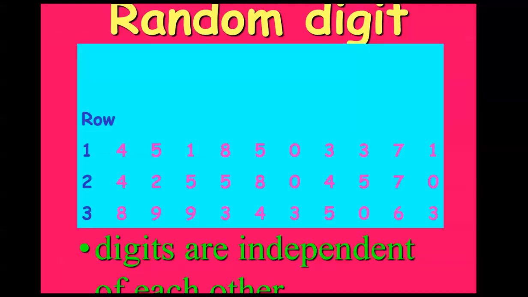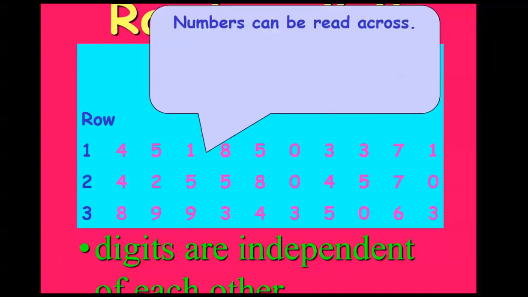So here, for example, is a random digit table. It's got 3 rows in it. The blue is the 1, 2, 3. There's the 3 rows. And the way we use this, we can either read the numbers across. So I can either go 451, 850, or I could go the other direction across. That doesn't really matter.